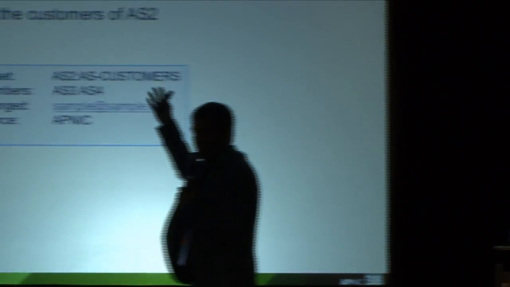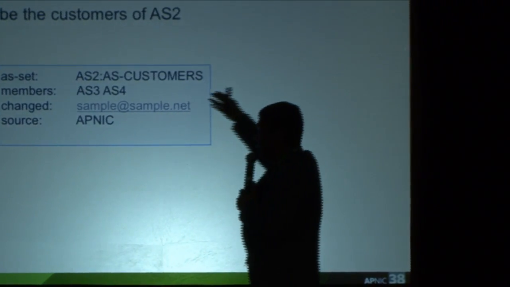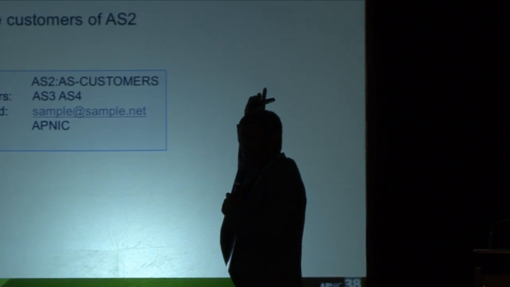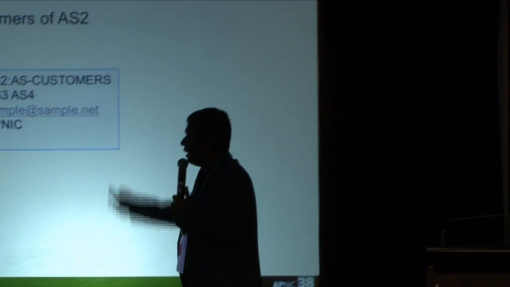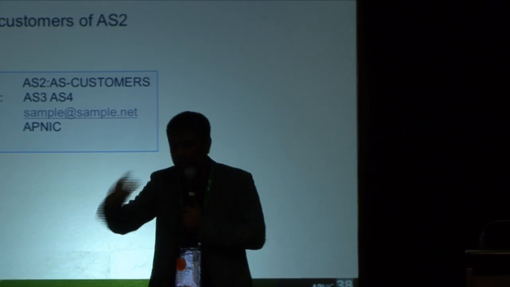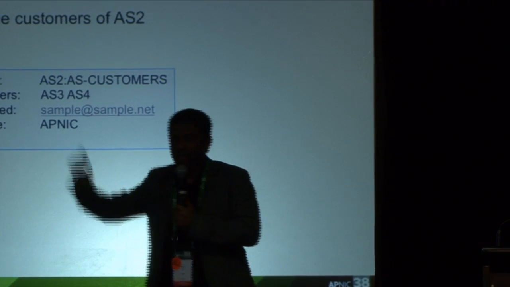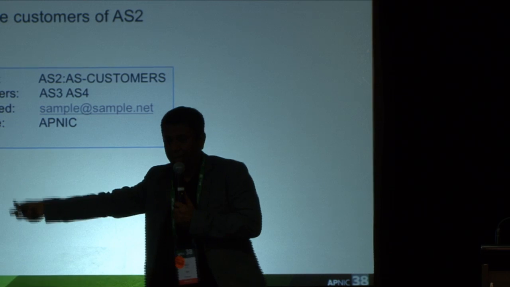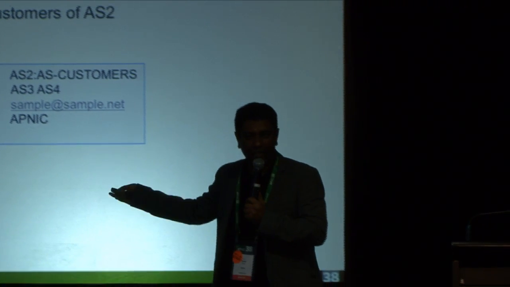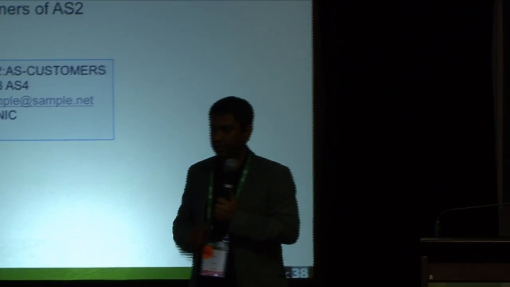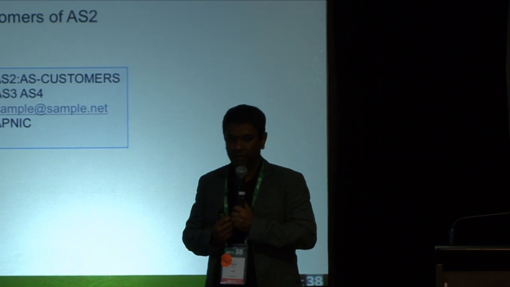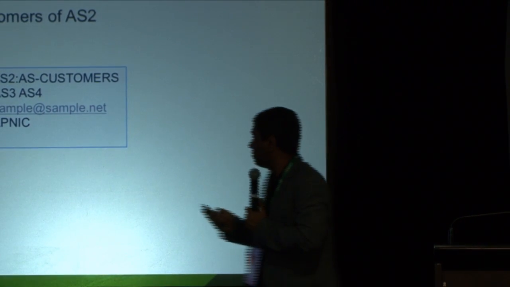In the evening, another customer, then another AS number. Just increase the members in your AS set. So when your router looks into the AS2 AS set customers object, whenever the interval comes to update the crontab, it will fetch the new member list from the AS set and allow the transit. Right?